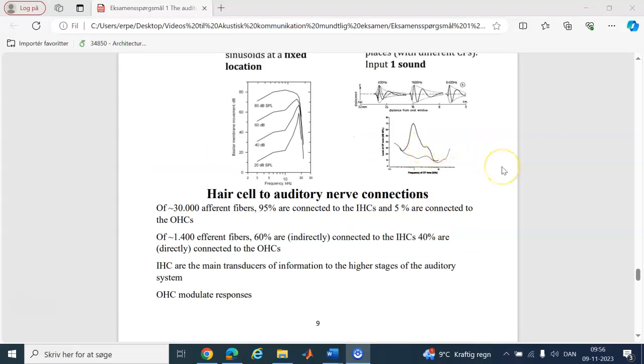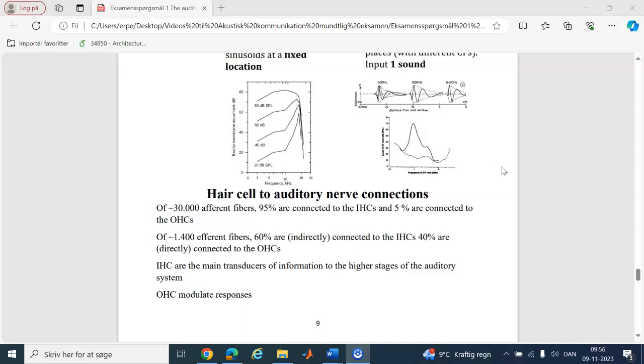Hair cells to auditory nerve connections. Of the 30,000 afferent fibers going to the brain, 95% are connected to the inner hair cells, and 5% to the outer hair cells. Of the efferent fibers, which go the other way from the brain, 60% are connected to the inner hair cells, and 40% are directed to the outer hair cells.